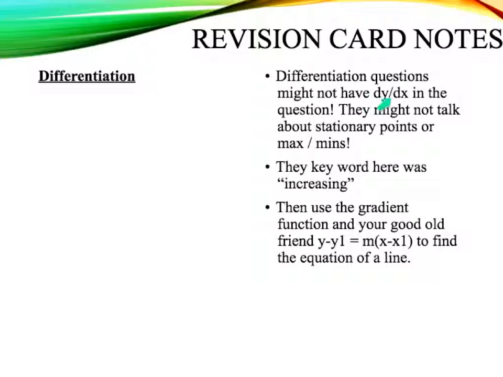Differentiation questions might not have a dy by dx in the question. They might not even talk about stationary points or maxes and mins. The key word on this one was increasing. We were then using a gradient function with our good old friend y minus y1 to find the equation of the line. Don't worry about these sorts of things at this stage if you're not picking them up straight away.